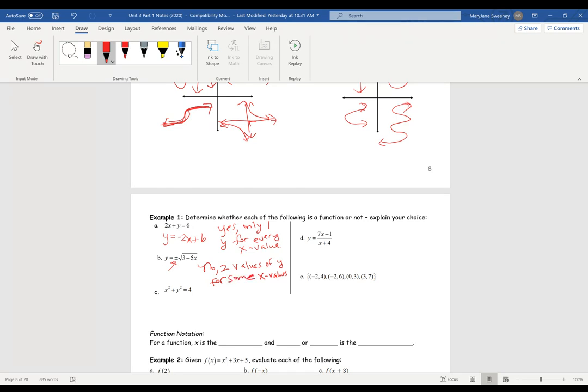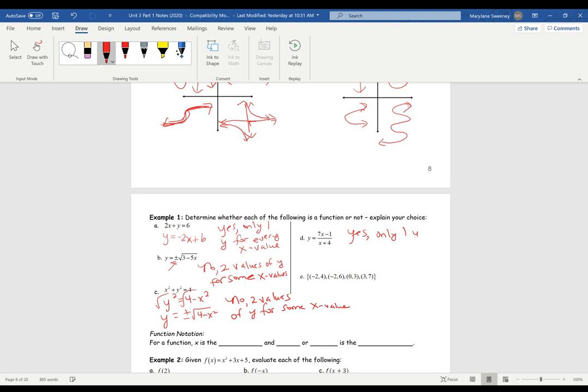then it's a problem. The next one, if I went to solve for y, when I square root in an equation, I would need plus or minus. So that's the same thing. No, 2 values of y for some x value. D is yes.